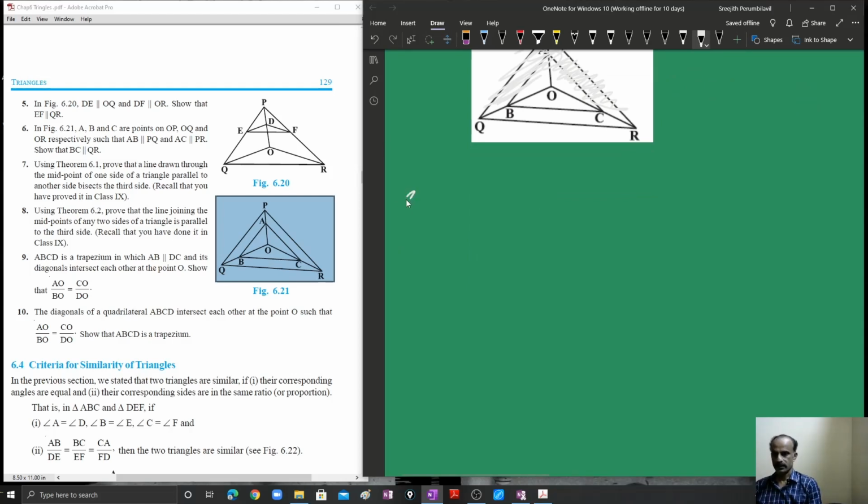Question number 9. ABCD is a trapezium. I am just going to put up a trapezium here.